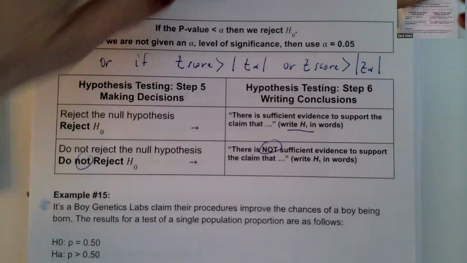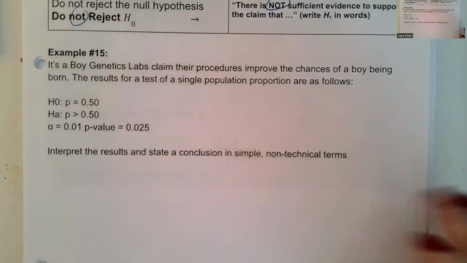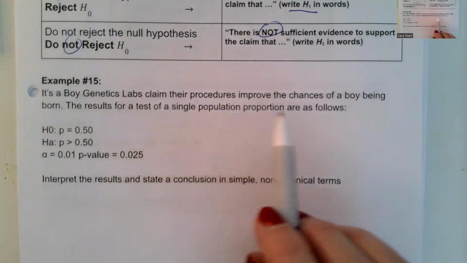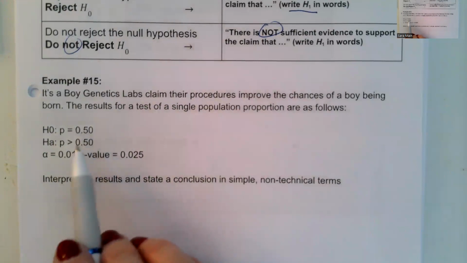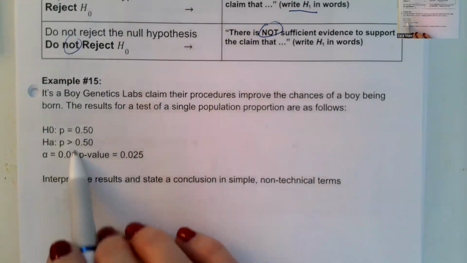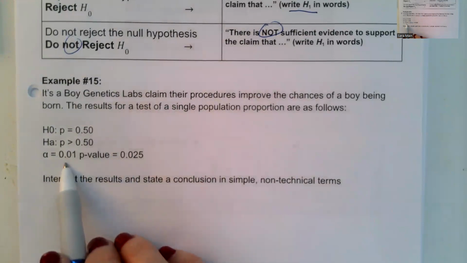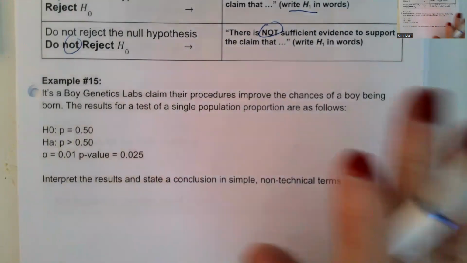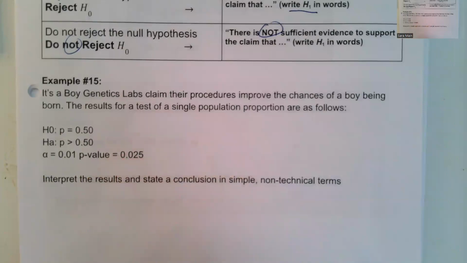We're going to get lots of practice with this. A Boy Genetic Labs claims their procedures improve the chances of a boy being born. The results for a test of a single population proportion are as follows. I'm giving you that they think it's 50%, but the genetics lab claims that it's higher than 50%. We're testing at a 0.05 alpha, so 95% confidence. And the p-value, after some data, you don't know the data because I'm just giving you this, is 0.025.